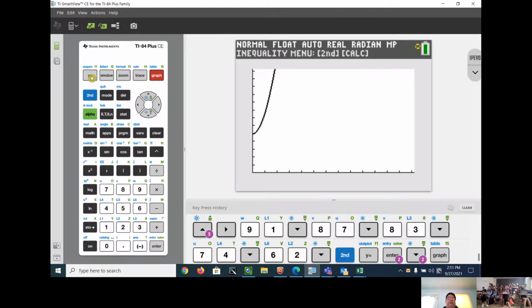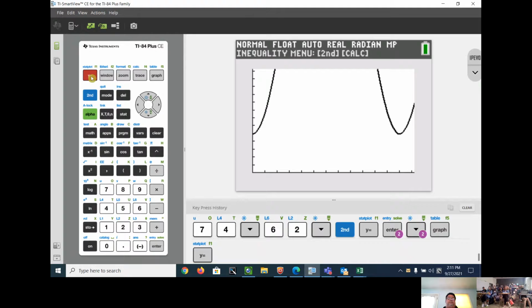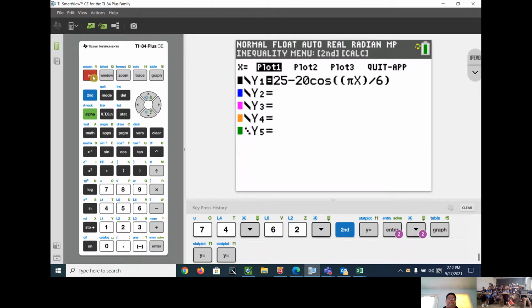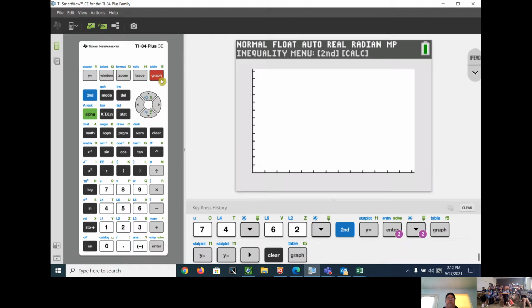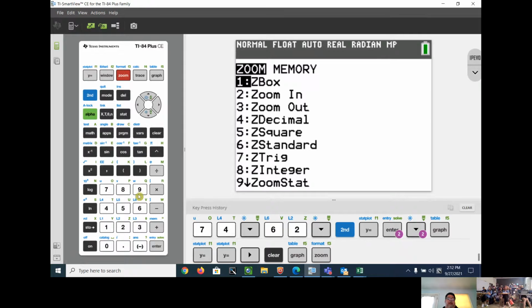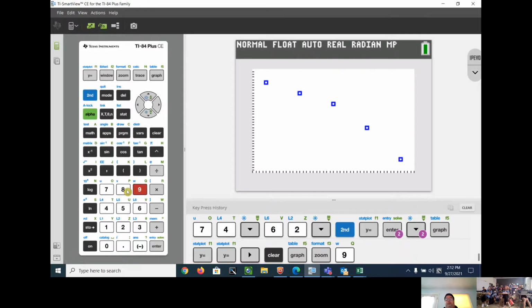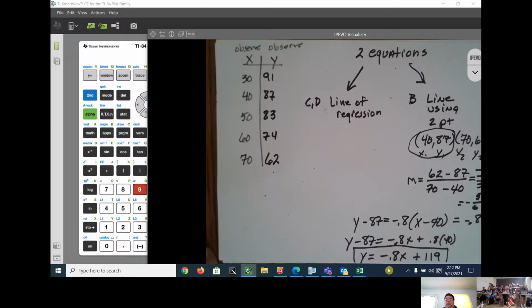Let me take that out. Y is equal. Hold on a second. Let me take that out. That was from calculus. All right, so graph and hit zoom, stat. There's your points. Now I'm going to put in my equation right here.